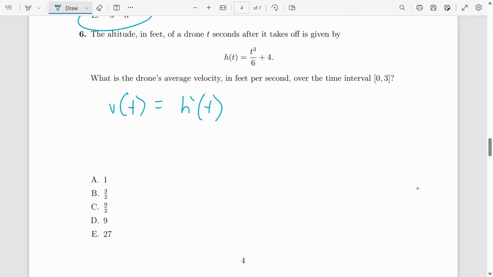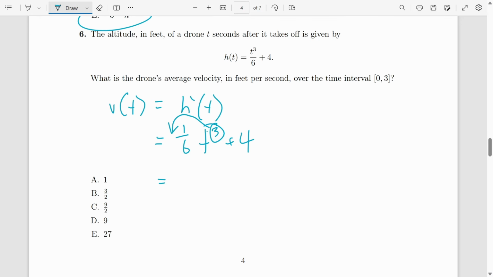function. So to find this derivative, let's rewrite the original function, 1/6 t cubed plus 4, and then we do our derivative. I think the first derivative rule that they teach you is the exponent rule. This is the case where if you have an exponent acting upon the variable, to differentiate it you move the exponent out to the front and then reduce it by 1.